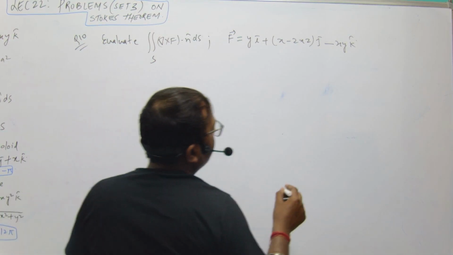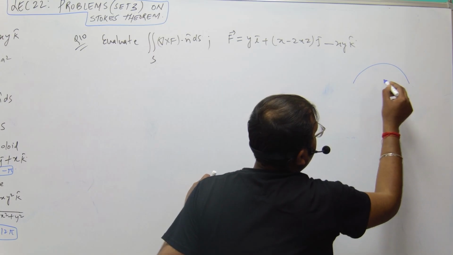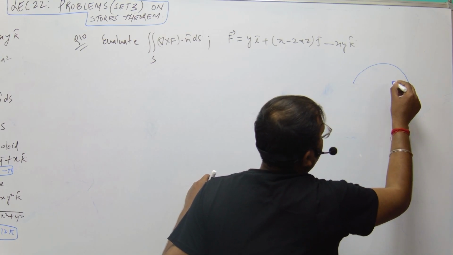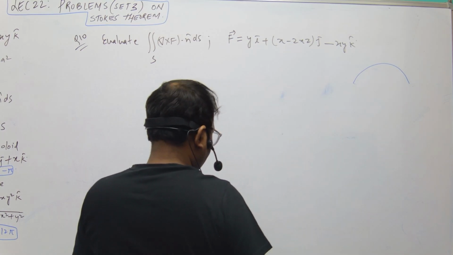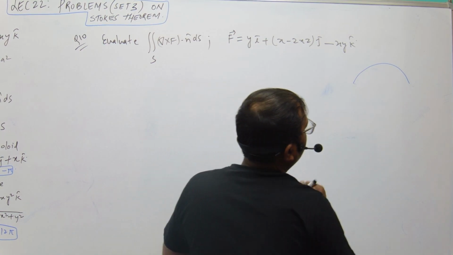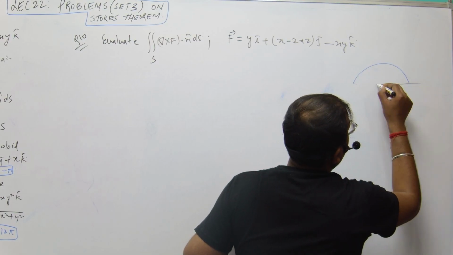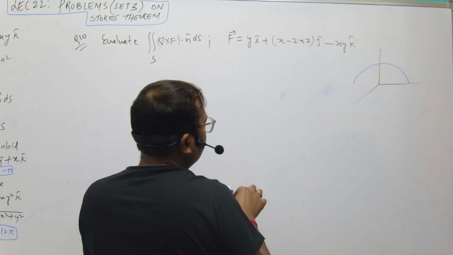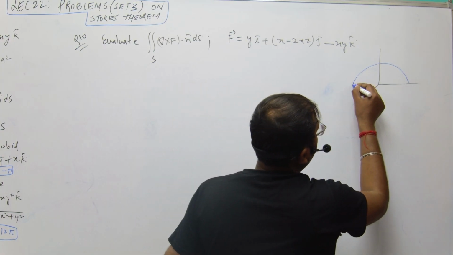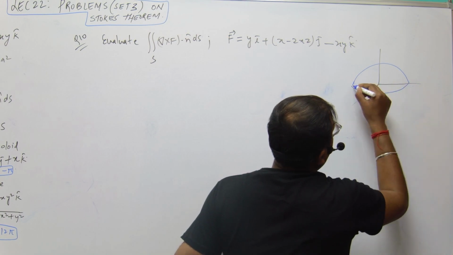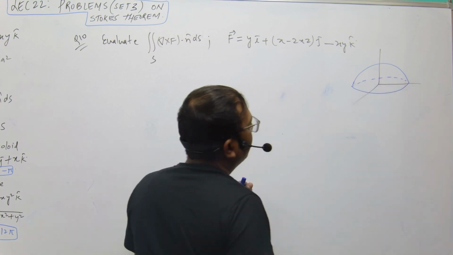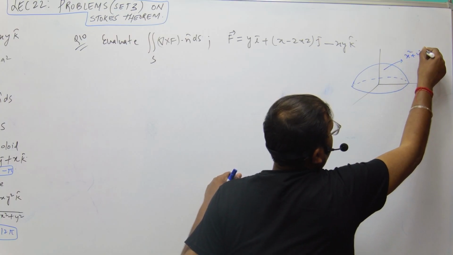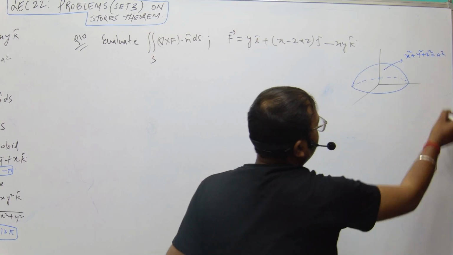Let us draw the surface of a sphere. This is the surface of a sphere and it is lying above the xy plane. So let us draw the xy plane, and let us draw the curve C. The equation of this sphere will be x square plus y square plus z square is equal to a square.